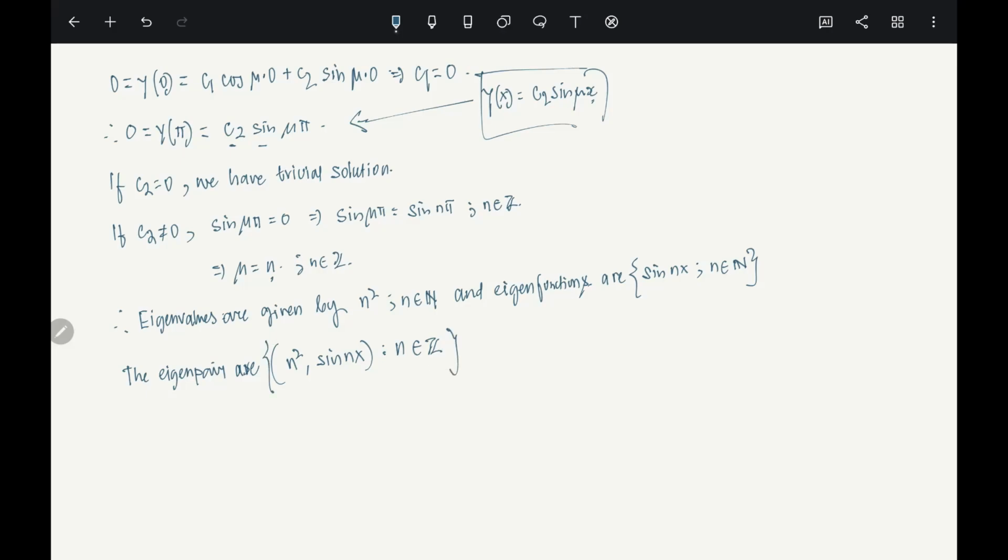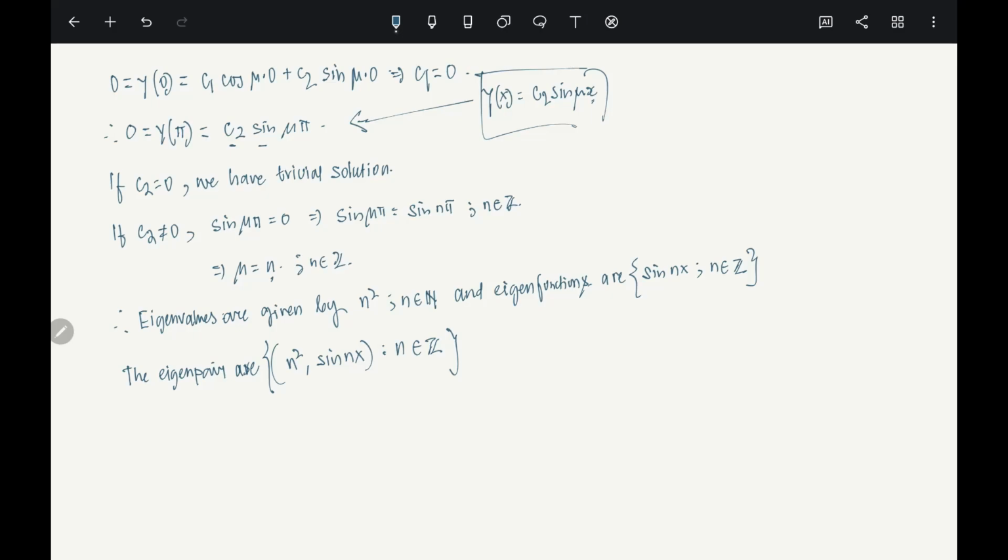These are the eigenpairs. The first thing is the eigenvalue, and the second part is the corresponding eigenfunction.